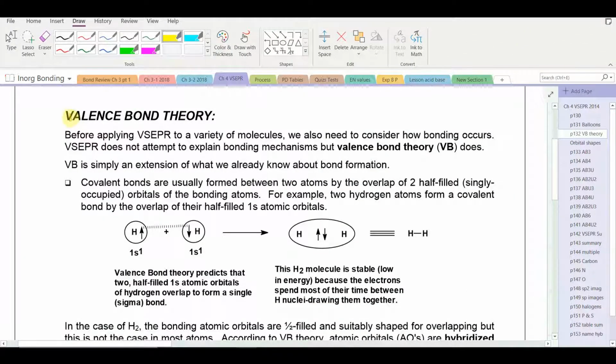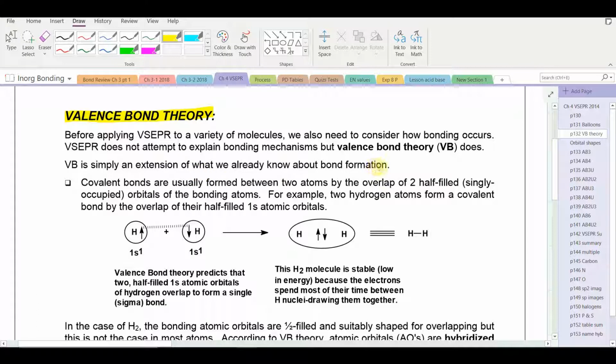Valence bond theory. Before we apply VSEPR to a variety of molecules, we also need to consider how bonding occurs. VSEPR does not attempt to explain bonding mechanisms, but valence bond theory, VB, does. Valence bond theory is simply an extension of what we already know about bond formation.